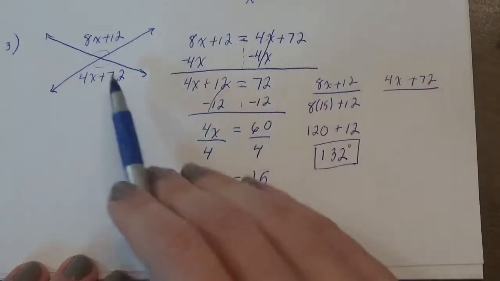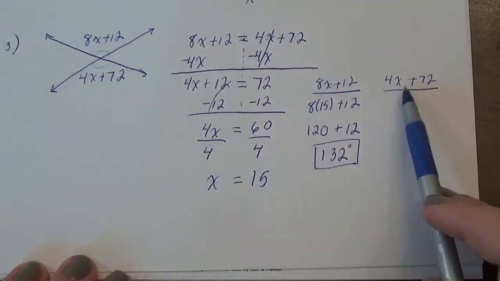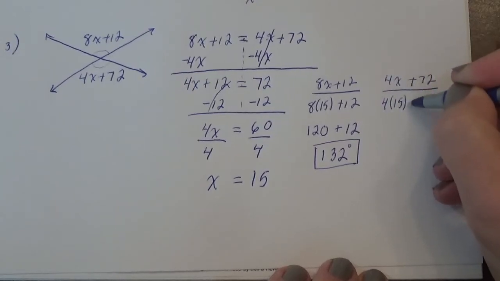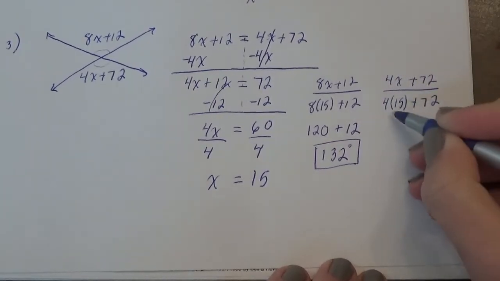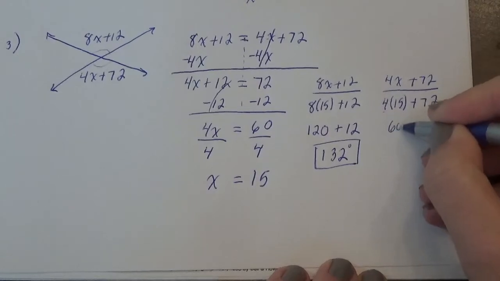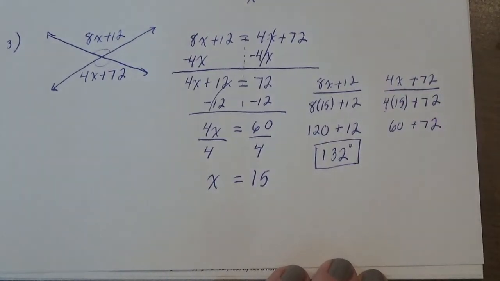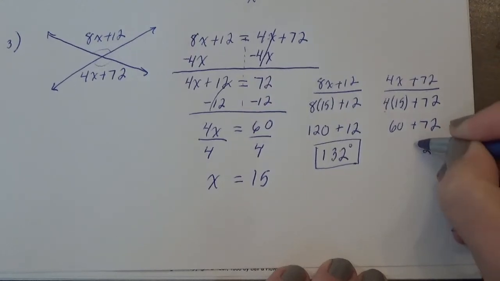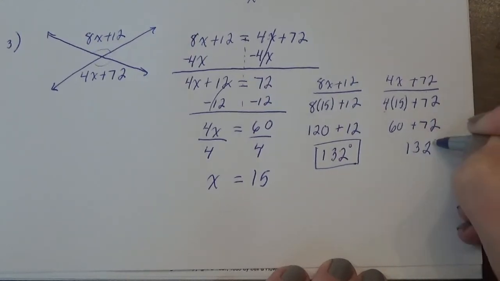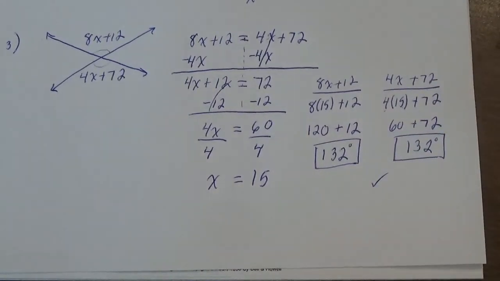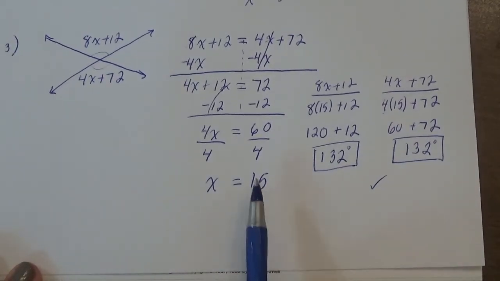Now hopefully, because these two things are equal, hopefully we get the same thing here. All right, so x we think is 15. 4 times 15 is 60. 60 plus 72. That's going to be 132. Okay, and they should equal each other. So there's another check.